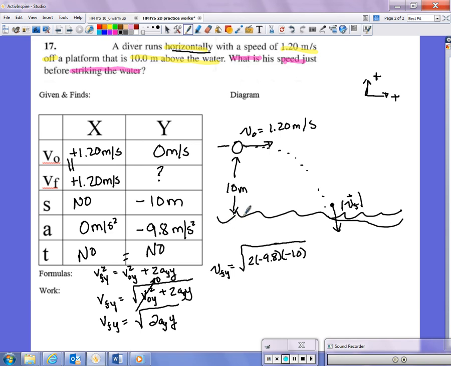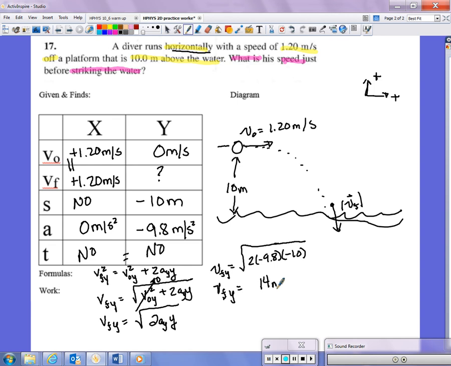Or you could have used this as your frame of reference. But again, you recall your displacement is a magnitude and a direction. And so I'm traveling down. So I am changing positions. My final position will be a larger number than my initial position, so this should be negative any way you set it up.